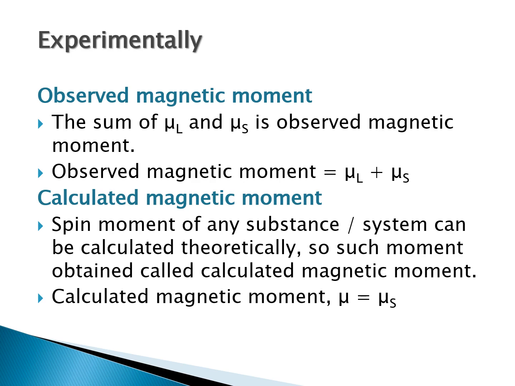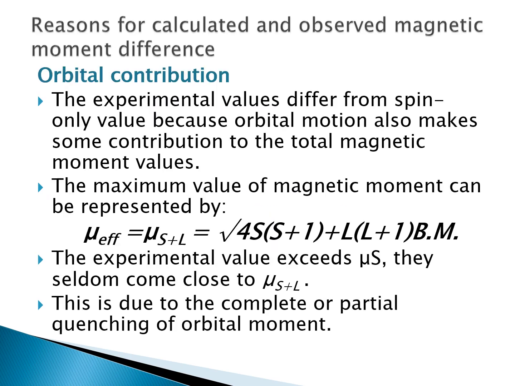The spin moment of any substance or system can be calculated theoretically, and such moments obtained are called calculated magnetic moment. Calculated magnetic moment is equal to only the spin magnetic moment.